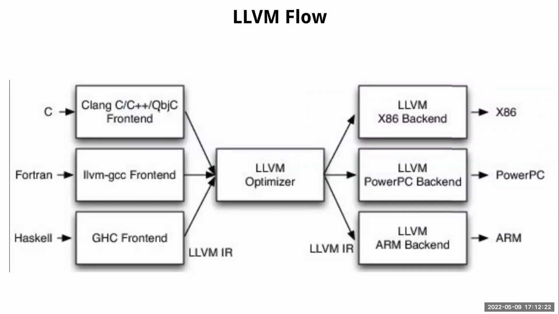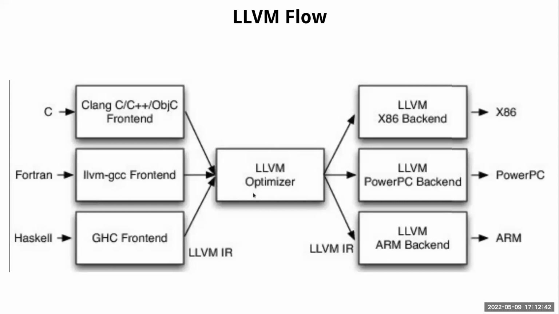We have many different front ends for different languages. For C, we have Clang. For Haskell, we have this front end, even some LLVM GCC front end. But anyway, they all generate the same LLVM IR.